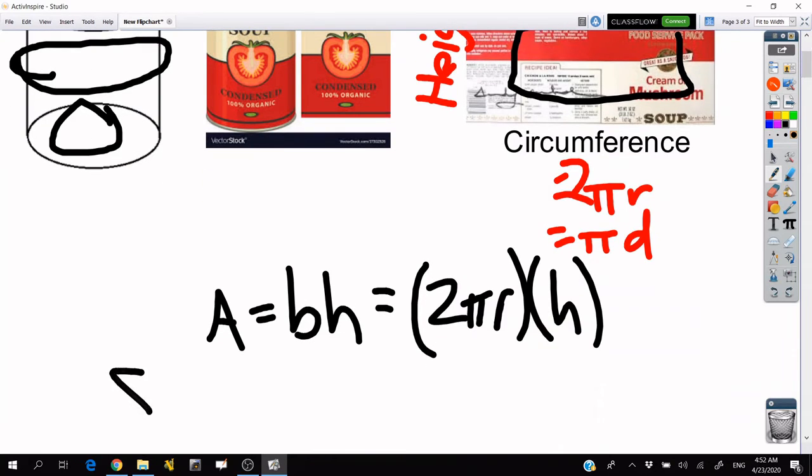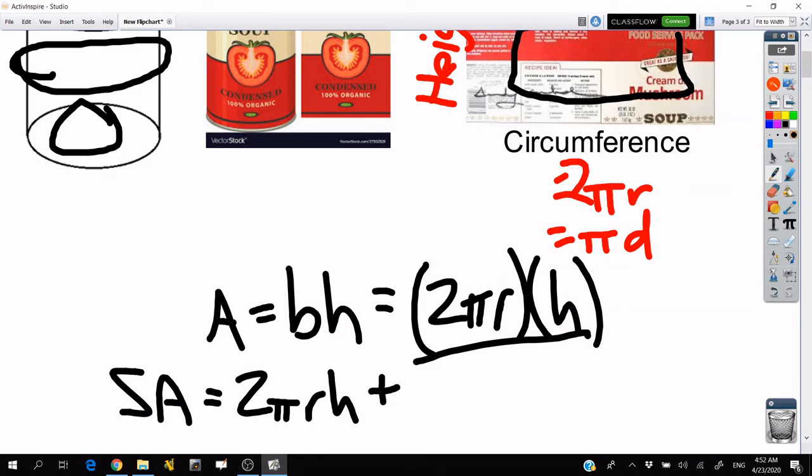For the full surface area of a cylinder, we have what we had up here. That's the lateral area, 2 pi r h, plus the circles on top and bottom. And each of those circles has an area of pi r squared.